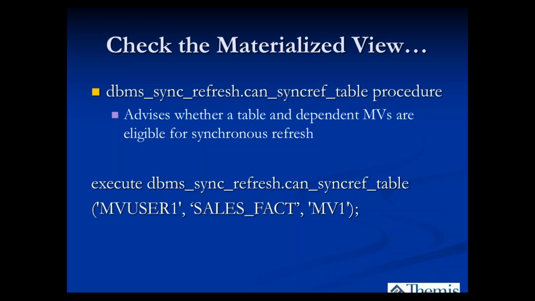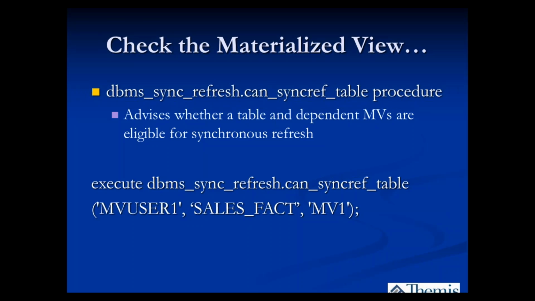Maybe you have not registered one of the tables like we did earlier with the create materialized view log step. And it's going to do all those things, check the materialized view against the requirements, and then put the results in a table. Remember that table from earlier, the sync ref table that was created as a prerequisite? Put the results in there.